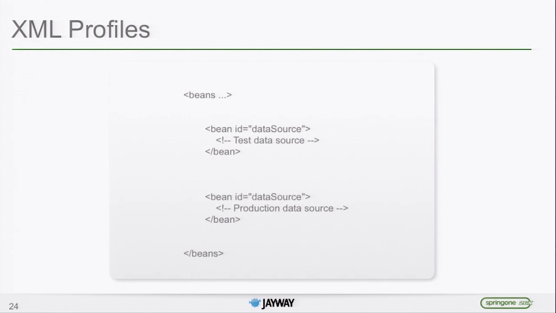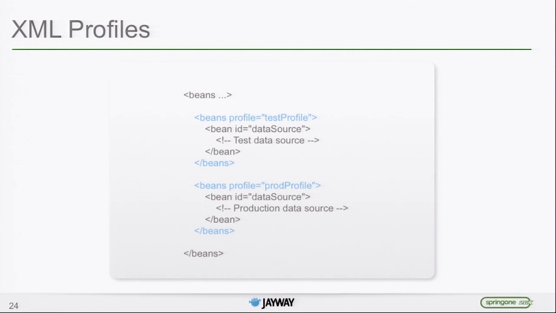The way to solve this is by adding the nested beans tag, so we can put them in different profiles. By enabling only one profile at a time, we will only get one of the bean implementations. The beans tag has a profile attribute, and you just specify the name of the profile.